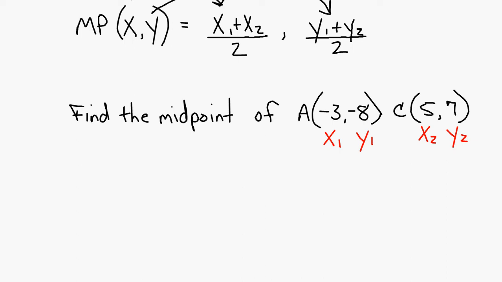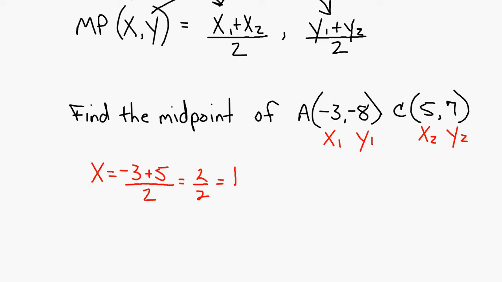So then our x at the midpoint is going to be equal to -3 plus 5 divided by 2. It's going to be 2 divided by 2, right? So our x value at the midpoint is 1.